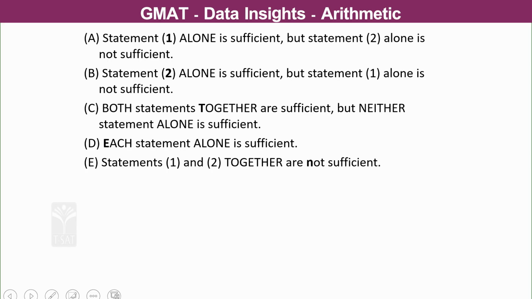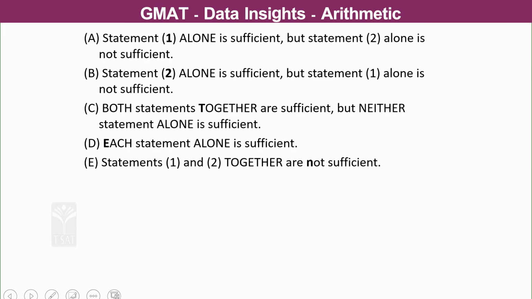This topic is arithmetic data sufficiency type of questions. All the data sufficiency questions will have the same answer options. So let's look at what the options are. Answer option A is when statement 1 alone is sufficient but statement 2 alone is not sufficient. Answer option B is when statement 2 alone is sufficient but statement 1 alone is not sufficient.